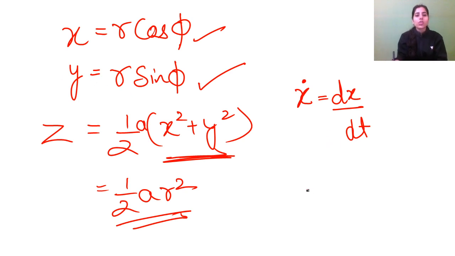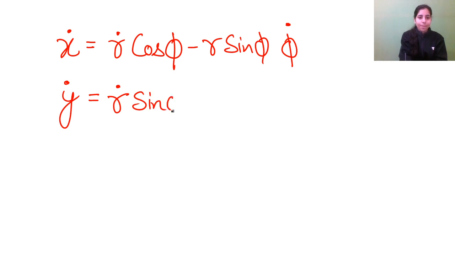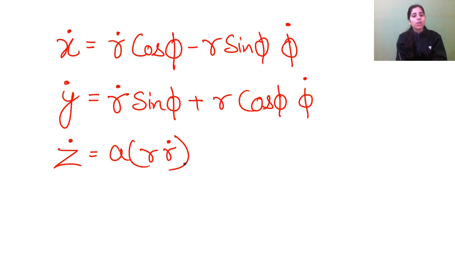So when you will do the differentiation of x with respect to time, it will give you, because you have to use the product rule here. Clear? So these are going to be x dot, y dot and z dot values.